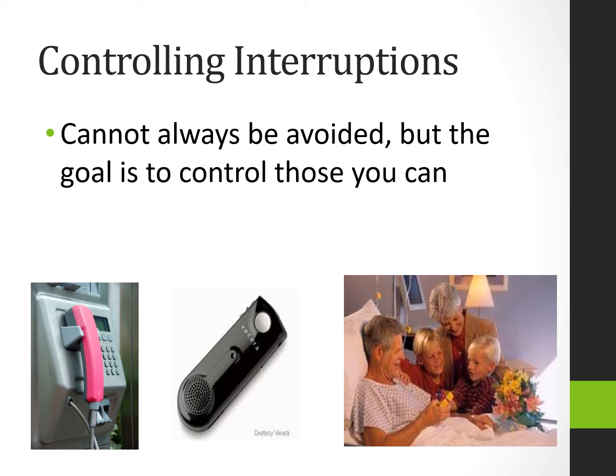Controlling interruptions. Interruptions cannot always be avoided, but the goal is to control those you can. One way to do this is by establishing no interruption blocks of time. For example, you have to complete a 30-minute dressing change. You can inform the charge nurse to take any incoming calls for you and ask for your nursing assistant to round on your other patients while you are busy.